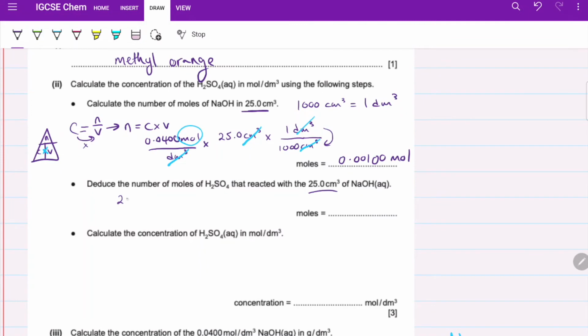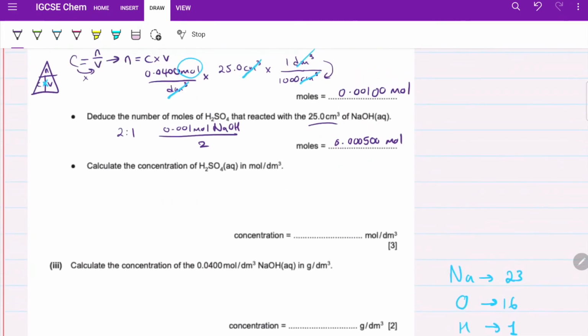So I'm going to place that 2-to-1 ratio. That means if we have 0.001 moles of NaOH, we'll have half of that for H2SO4. So place that in your calculator and get 0.000500 moles.